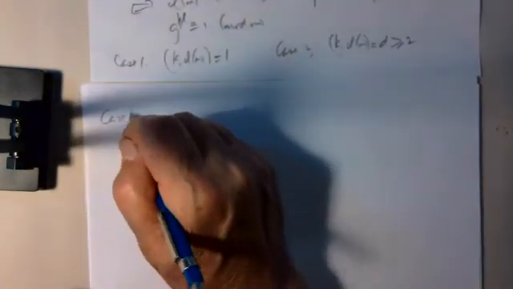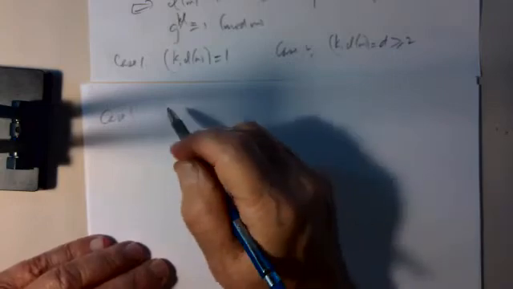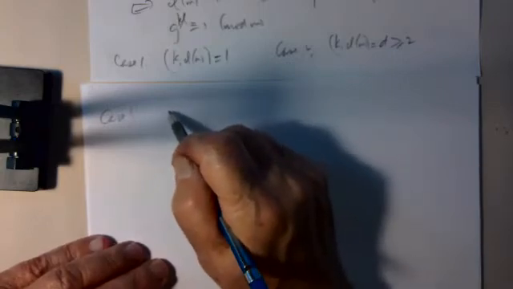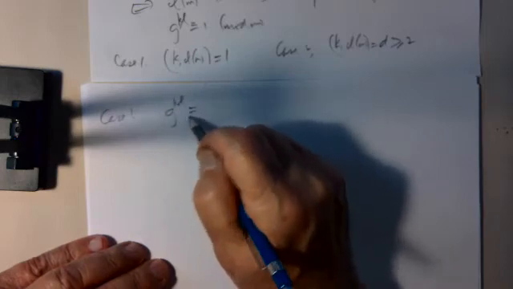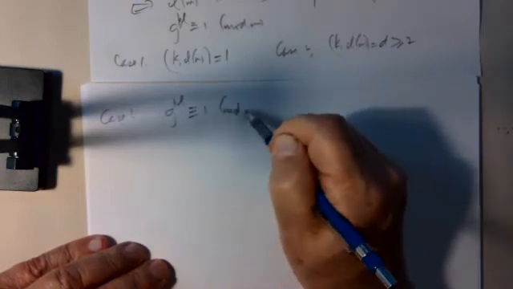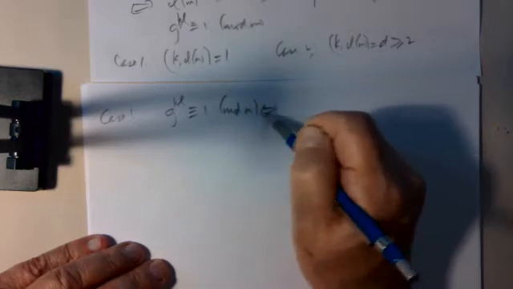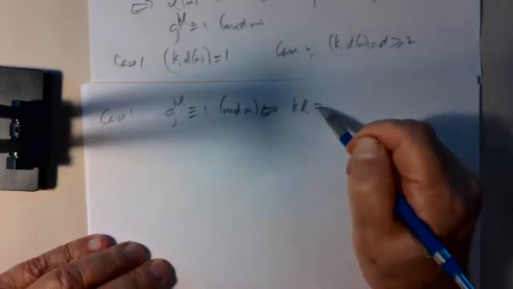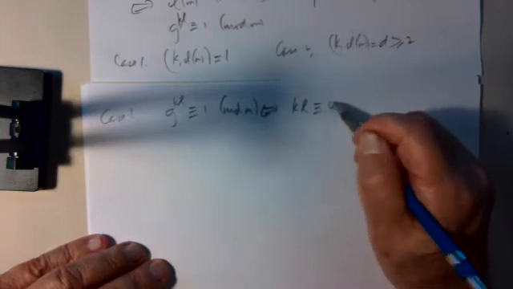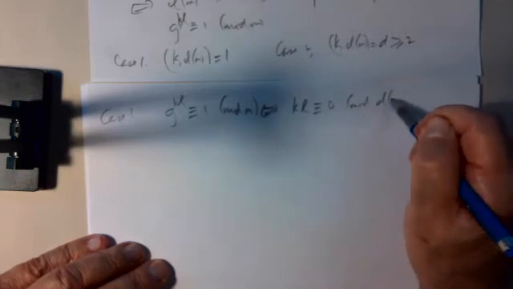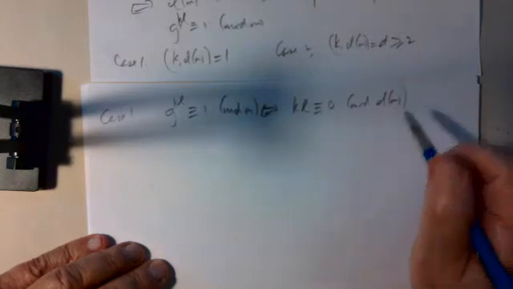So in case 1, g to the k times L is congruent to 1 mod m if and only if KL is a multiple of phi of m. It's congruent to 0 mod phi of m.